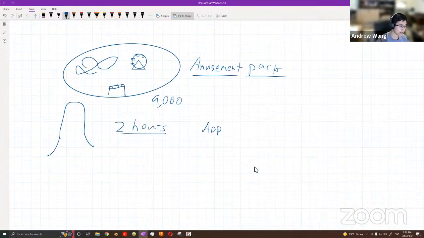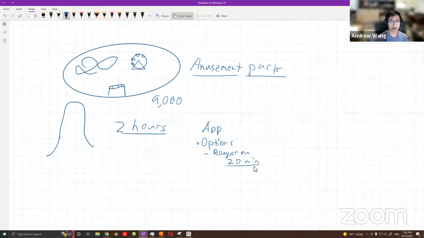It gives you different options. I don't know how to spell that ride's name, but it's another ride. You can give people a wait time of say 20 minutes. Even if the waiting isn't exactly 20 minutes, that will attract people away from your most popular ride and spread out the population of your park.